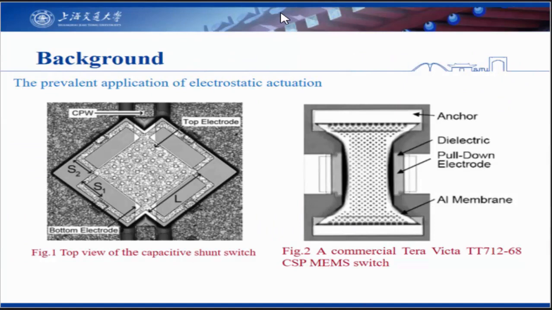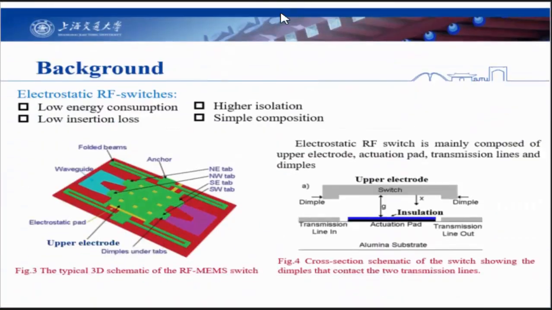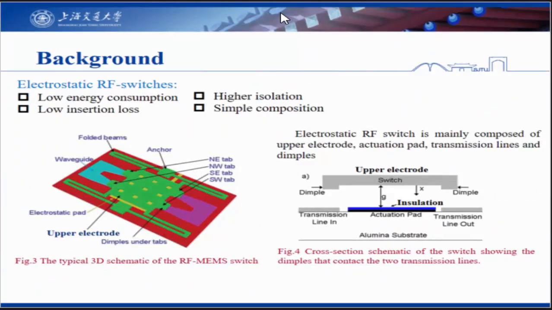This is the two types of capacitive RF MEMS switches. The construction of an RF MEMS switch is very simple and shown in this figure. This is a schematic of a classic RF MEMS switch.